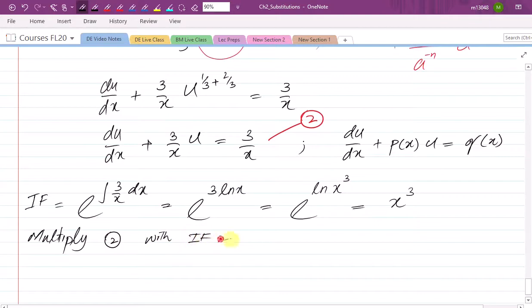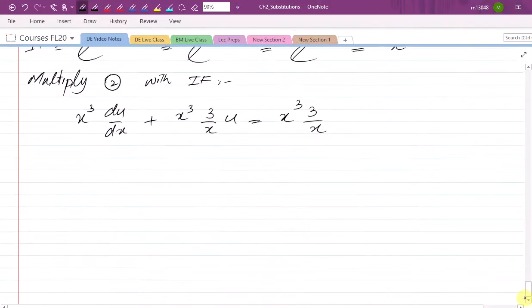Which will give du by dx times x cube, plus x cube times 3 over x u, equals x cube times 3 over x. That is du by dx times x cube plus 3x square u equals 3x square.